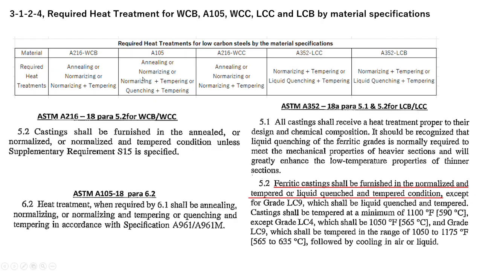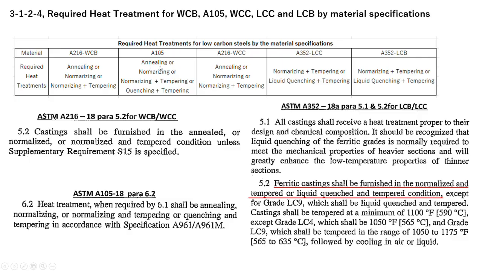So I summarized the table of heat treatment for each material: WCB, A105, WCC, LCC, LCB. The specified heat treatment is written down. WCB casting: annealing or normalizing plus tempering.